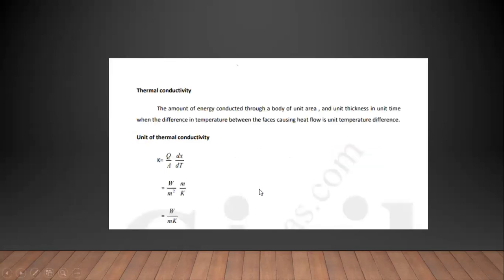So what is meant by thermal conductivity? It is the amount of heat transferred through a body of a given unit area with respect to the thickness in unit time, based on the temperature variation between the two adjacent faces of an object.